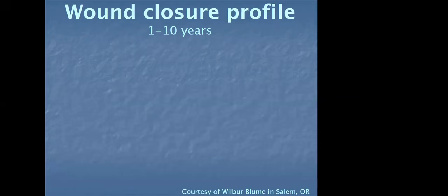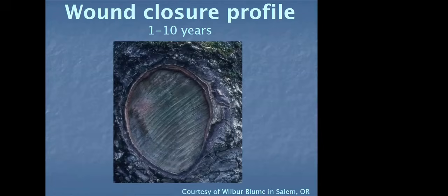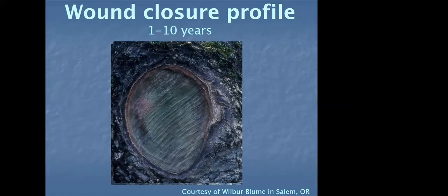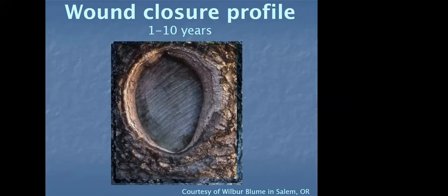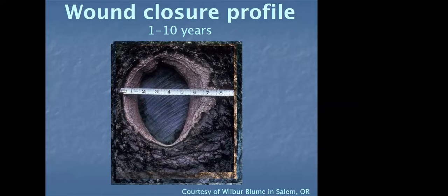So this is interesting. It's a photo time lapse of a pruning cut that was made on a tree, and the photos were taken through a 10-year period, and just kind of show you the progression. If you make the pruning cut in the right location on a tree, then over time it will actually start to close and completely close.